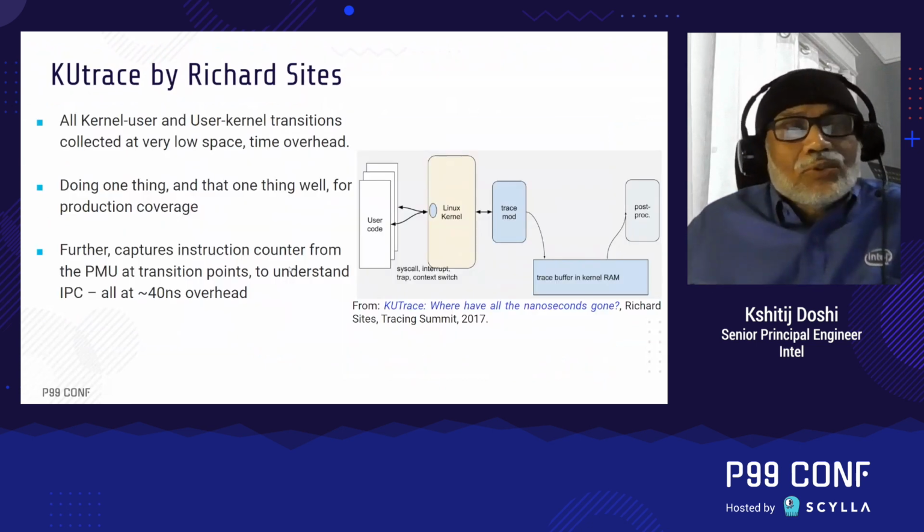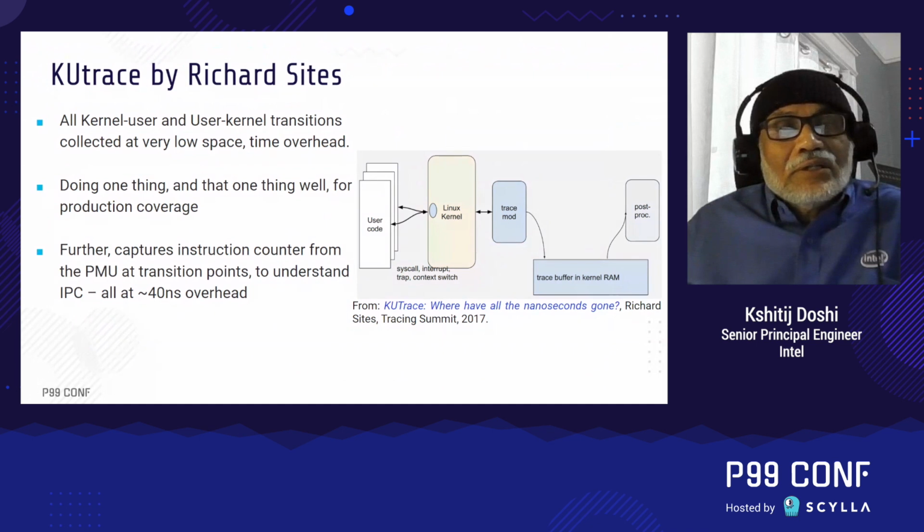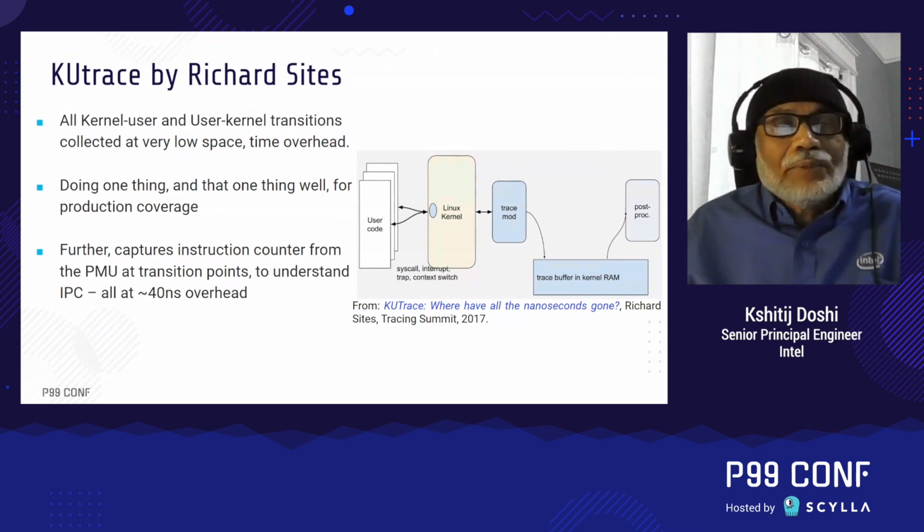And another tool in the same vein is KUtrace, which is a very carefully designed engineering tool for measuring the various kinds of time delays by collecting all of the kernel to user and user to kernel transitions of threads at extremely low space and time overhead.